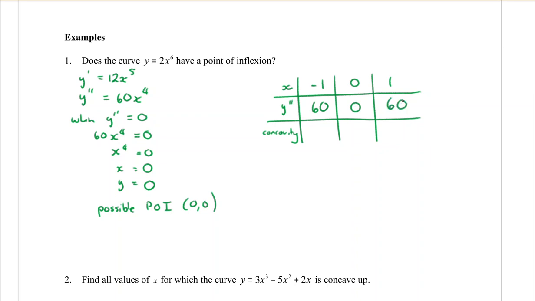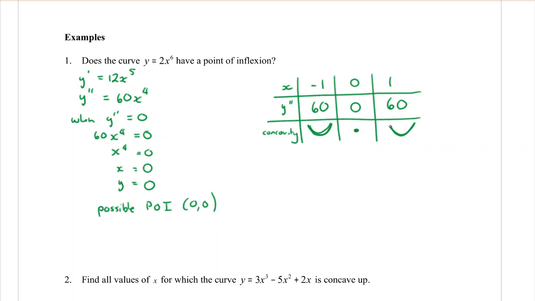So what that means for my third row, for the 0, that tells me that we have a point on that curve, and I want to test the concavity on either side of it. On the left, I have a positive 60, which means positive numbers mean concave up. So I'm drawing a concave up kind of curve there. The positive 60 on the other side also means concave up. So the concavity has not changed. I need one of them to be concave up and one of them to be concave down for this to be a point of inflection, and it's not.